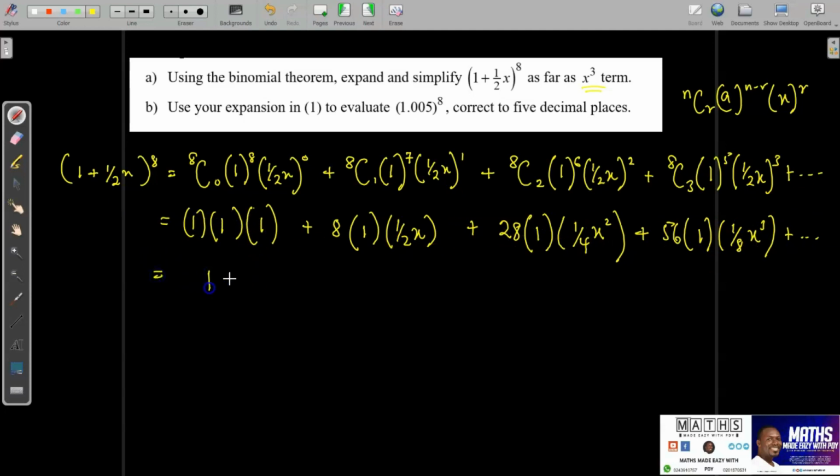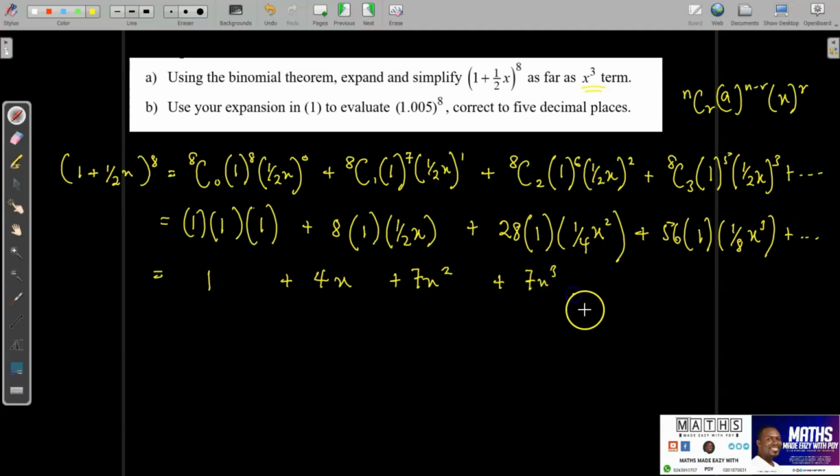So this is giving us 1 plus half multiplying 8 will be left with 4x, and then over here 28 on 4. When you reduce it, what are you getting? 28 on 4 gives 7x squared. Good. Then finally 56 multiplying 1 on 8 x cubed. What do you have? 7x cubed.